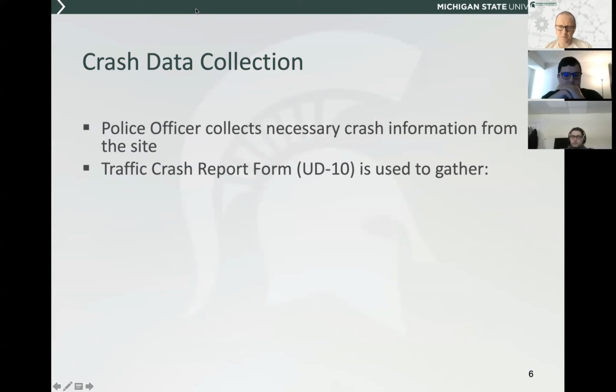One of probably the most recent large scale changes to the way crash data has been collected, and I forget when this happened, it must have been back around maybe 2011, 2012, the state had strengthened its booster seat laws.